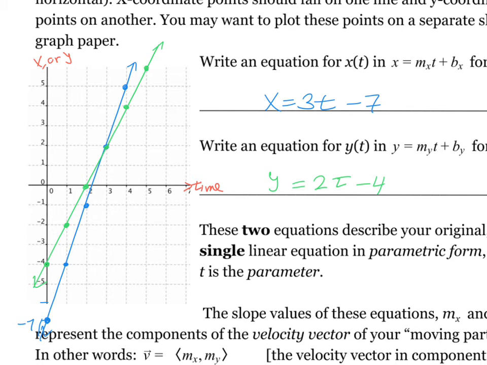So 2 is the rate at which the y coordinate changes per second, and this is the y coordinate of our bird when time is equal to 0. This is the rate at which x changes per second, and this is the x coordinate when time is equal to 0.